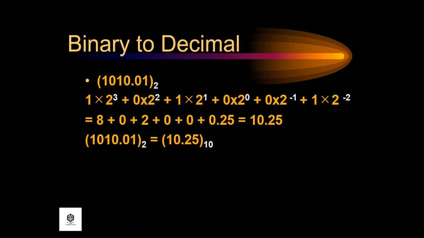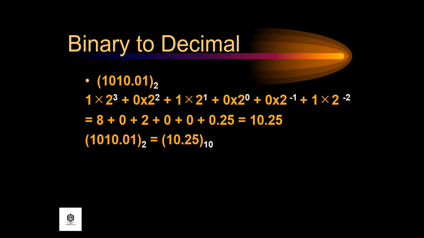Another example, the given number is 1010.01 in binary. For the solution, 1 times 2 to the third power plus 0 times 2 to the second power plus 1 times 2 to the first power plus 0 times 2 to the 0 power plus 0 times 2 to the negative 1, since we're past the decimal point, plus 1 times 2 to the negative 2 power.